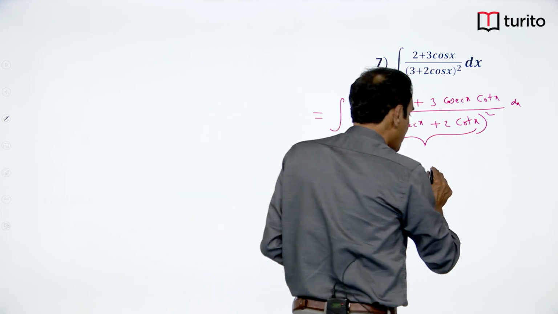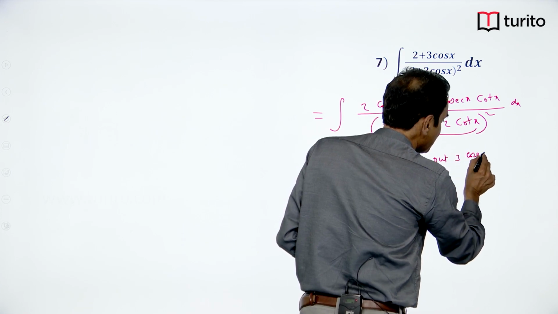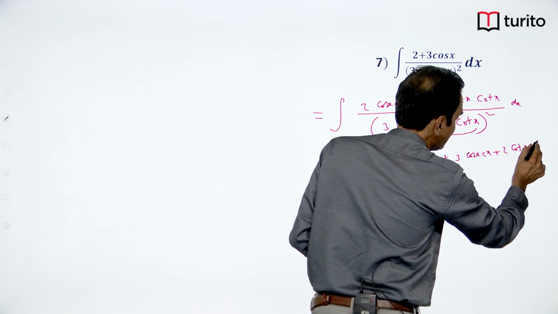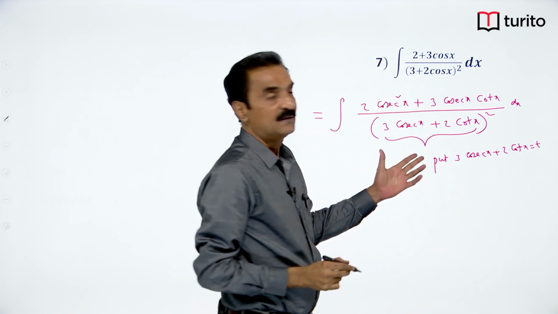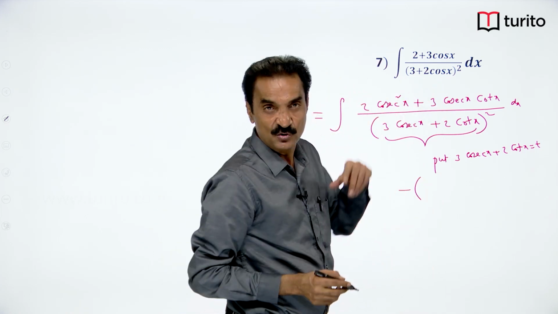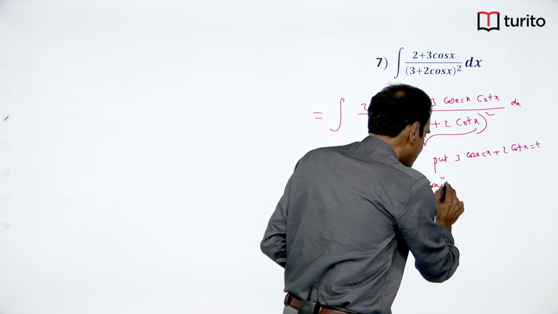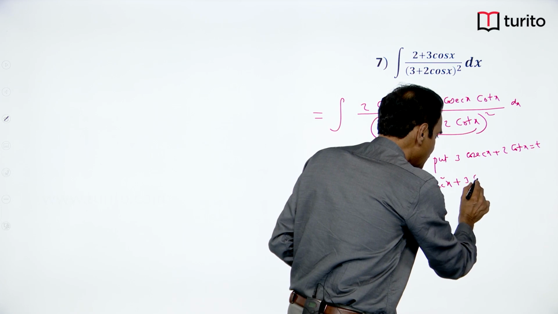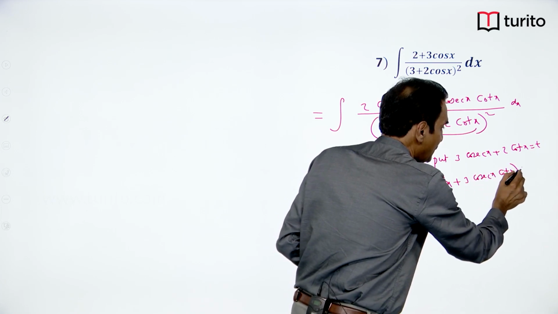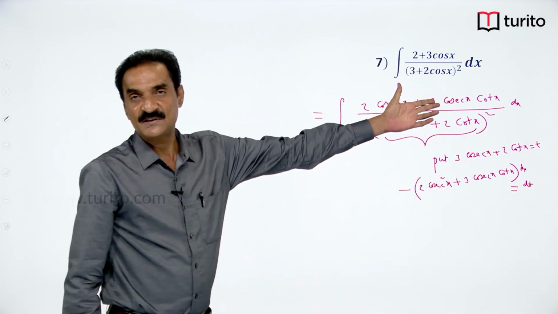So if you put 3 cosecant x plus 2 cot x is equal to t, its derivative is minus of this numerator, 2 cosecant square x plus 3 cosecant x cot x dx, which will be dt.